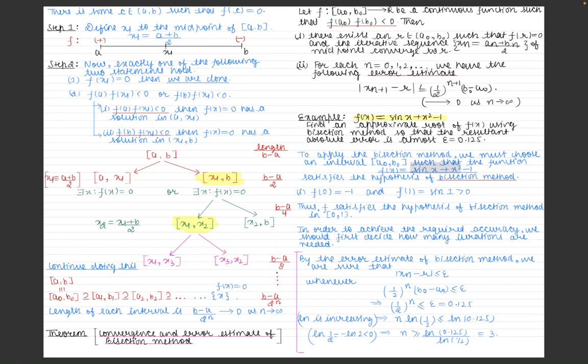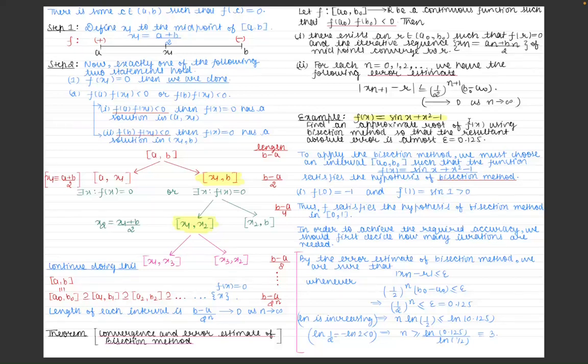Then by the estimation of the bisection method, we are sure that this will be less than epsilon whenever (1/2)^n (b0 minus a0) is less than epsilon.